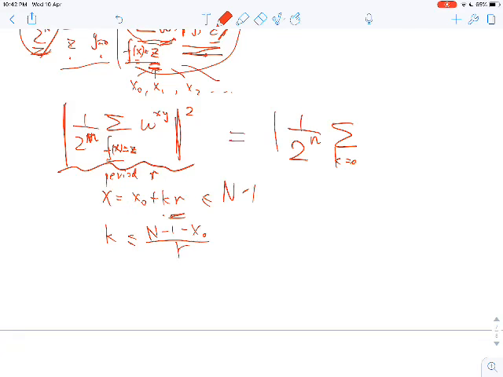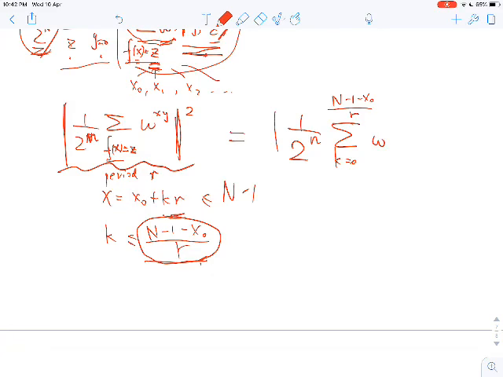And we know the range of k is up to (N minus 1 minus x0) over r. Actually, k may not take this number, but just the closest number to (N minus 1 minus x0) over r.